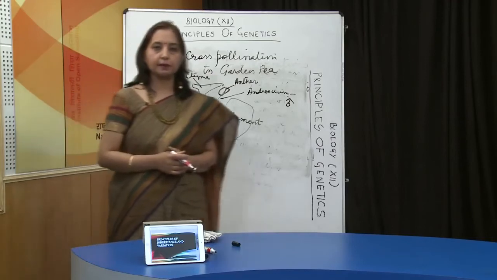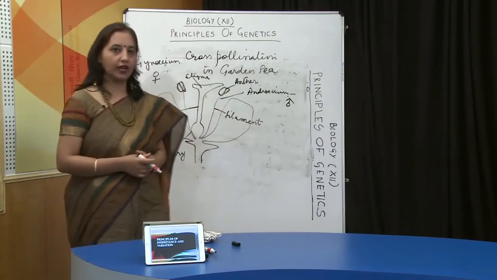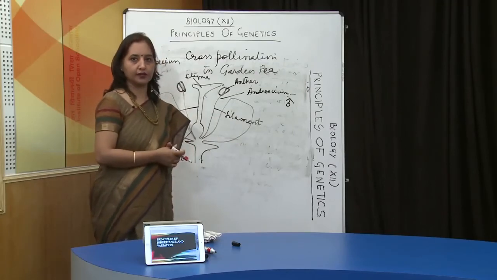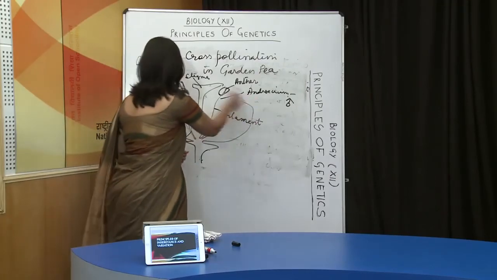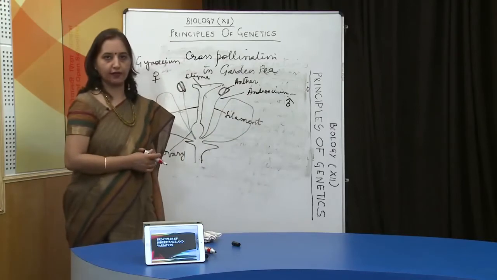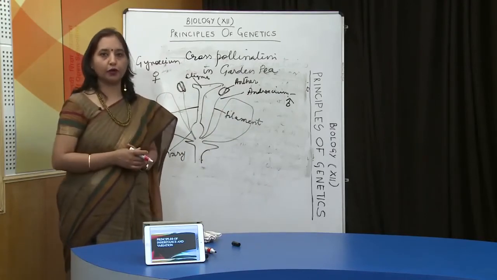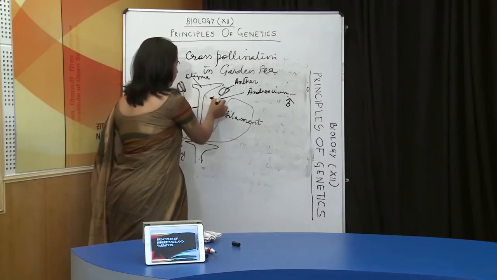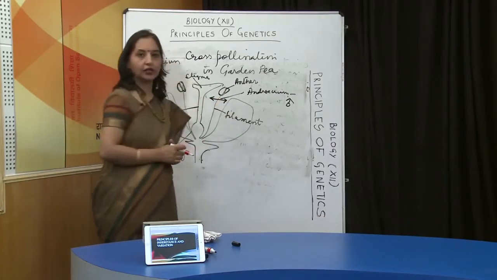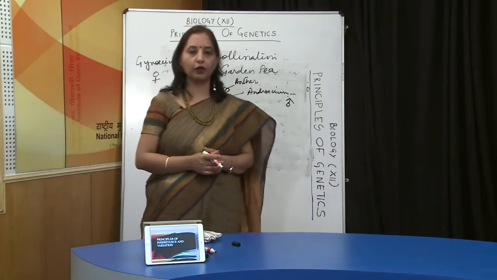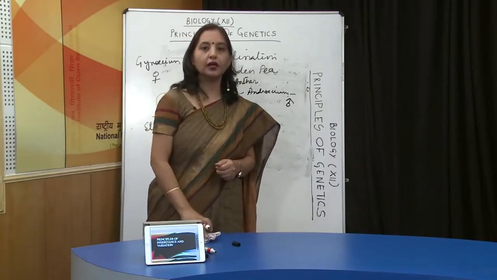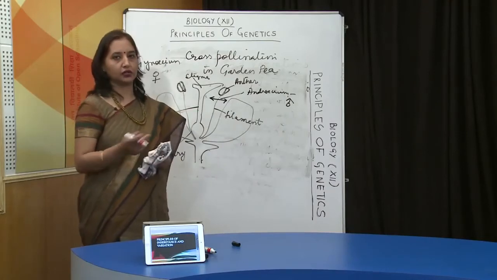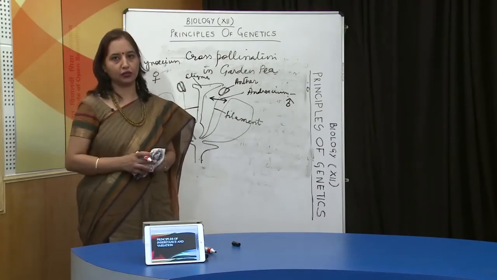Since the pea plant has a bisexual flower, which has both the parts, male and female, in the same flower, that is androecium as well as gynoecium, to prevent self-pollination, what Mendel did was he cut the anthers at a very young stage, before the pollen grains could mature, that is, in the bud condition only.